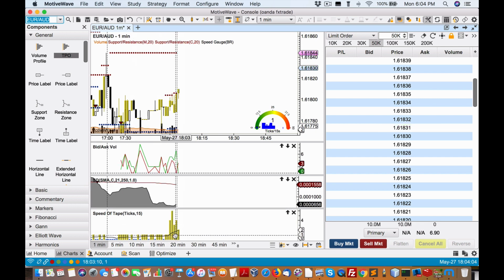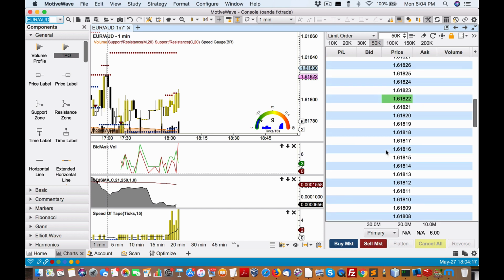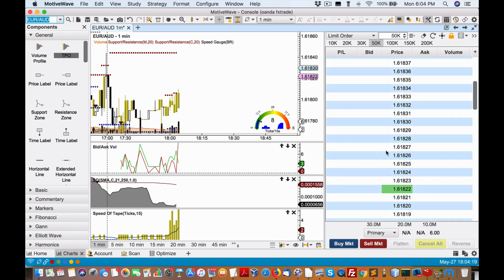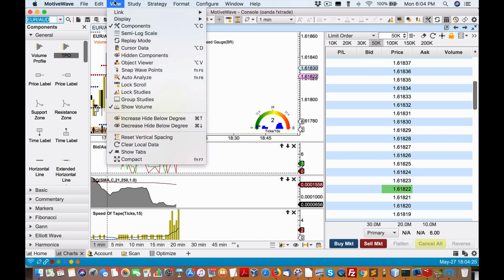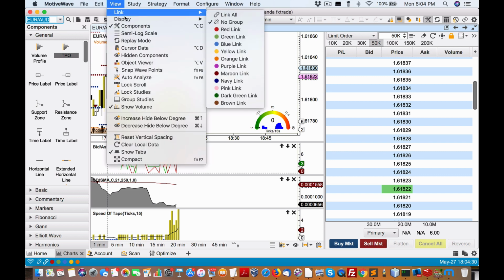But speed of tape, yeah, there you go. Right here, you can see the volume pickup on the price, but I'd have to watch this more. I'm just showing you how powerful this thing is.